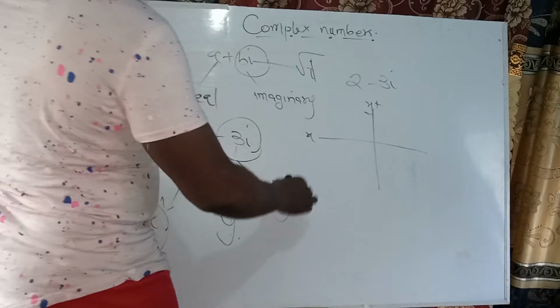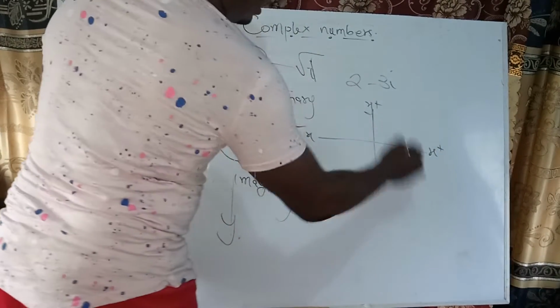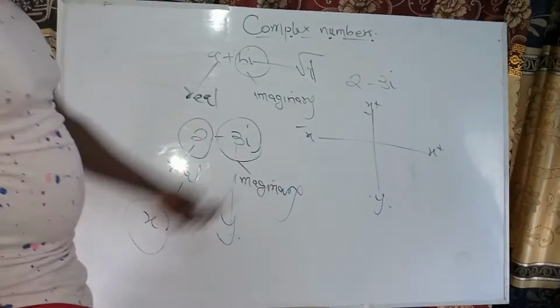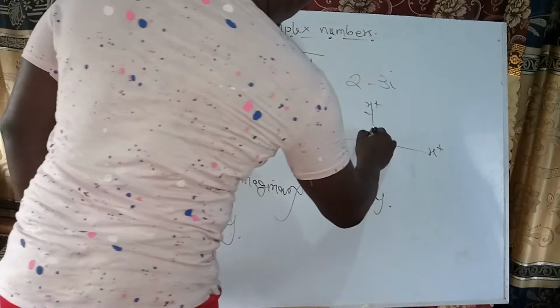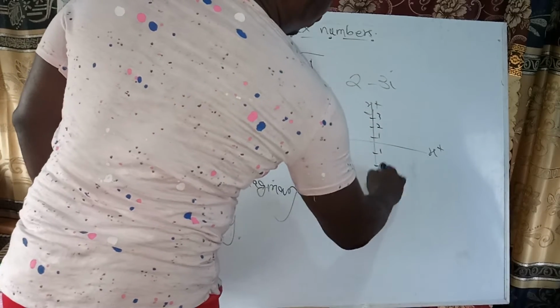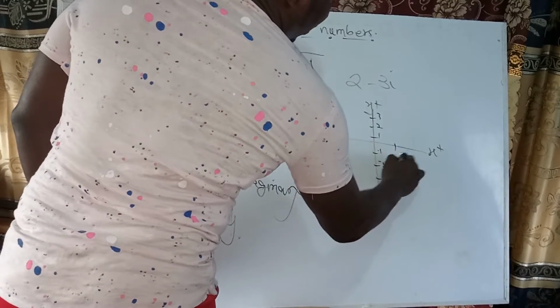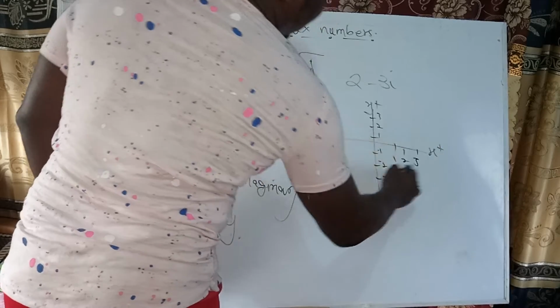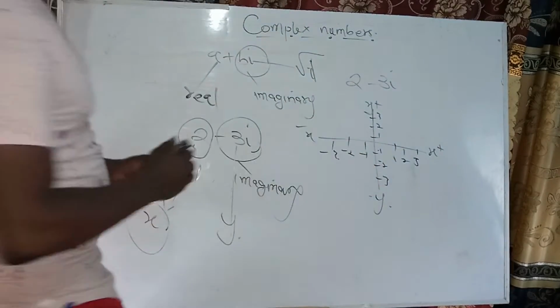This is the x-axis, this is the negative x-axis, positive x-axis, and the negative y-axis. So we are plotting 2 minus 3i. So we have 1, 2, 3, 1, 2, 3. This is negative, sorry. 1, 2, 3. 1, negative 2, negative 3.